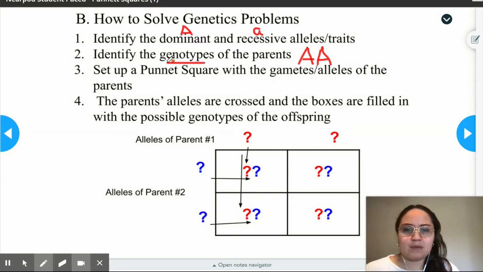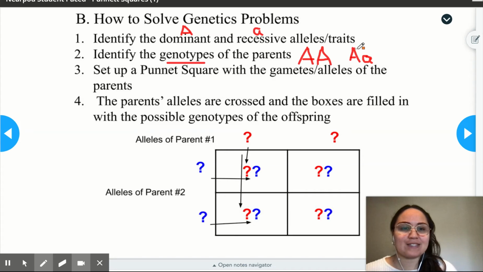So what are the genotypes? There could be homozygous dominant. There is heterozygous. And that's supposed to be a lowercase a. And heterozygous means that the organism has one dominant allele and one recessive allele.